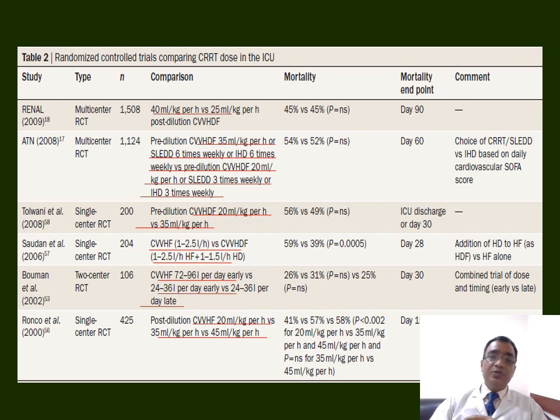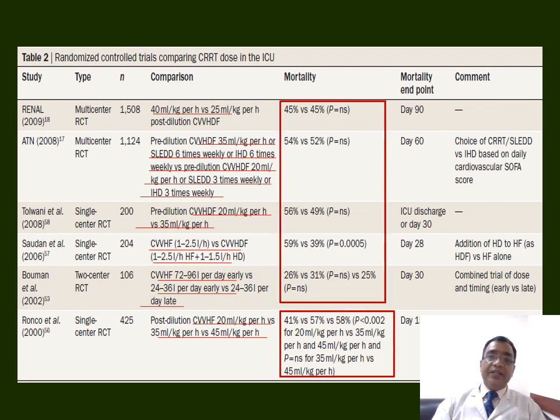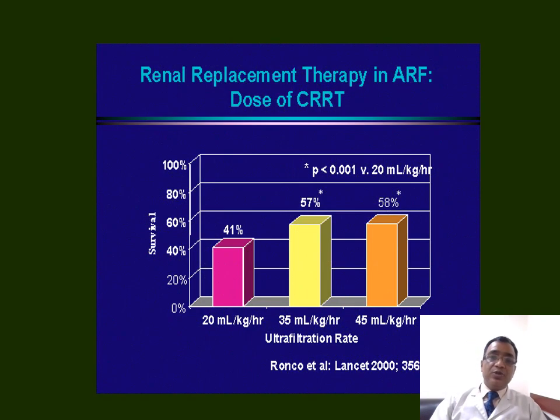Based upon that, many studies have been done, studying different dose regimens, 40 ml per kg versus 25 ml per kg, and a very famous study, Ronco et al, studied three dose regimens: 20 ml, 35 ml per kg per hour, and 45 ml per kg per hour.